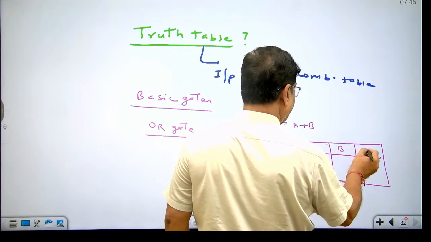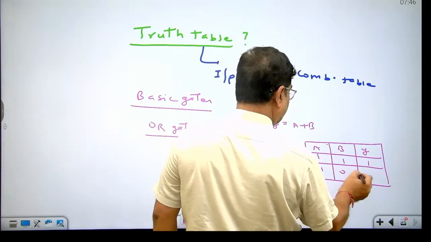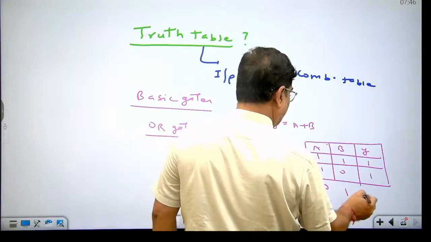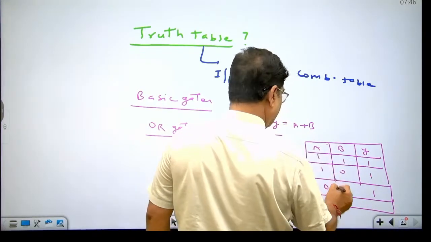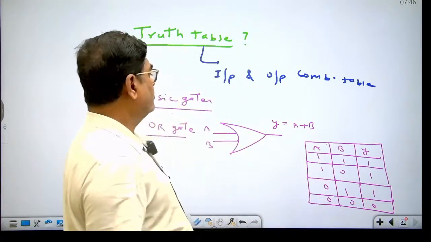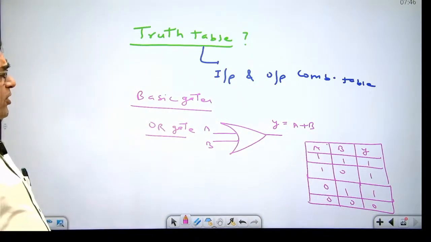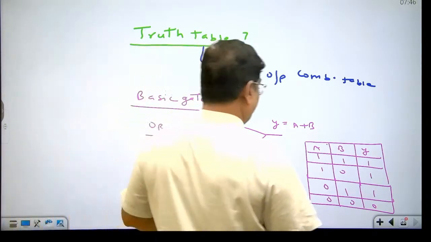A, B, Y. 1, 1, 1. 1, 0, 1. 0, 1, 1. 0, 0, 0. So in the output of the OR gate, we will get 0 when both the inputs are 0. Okay, this is the truth table for the OR gate.